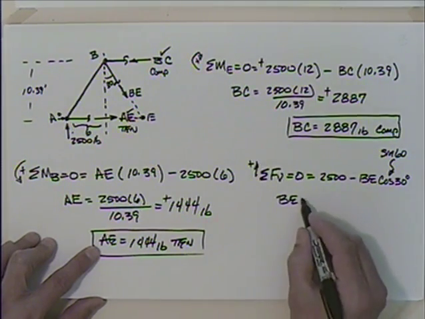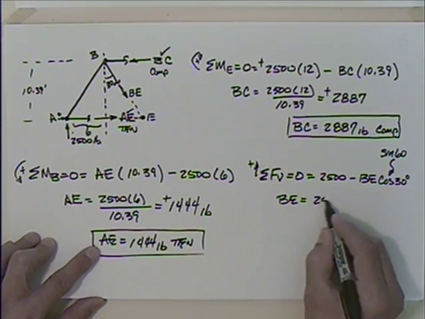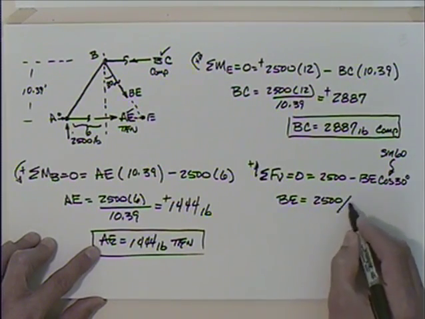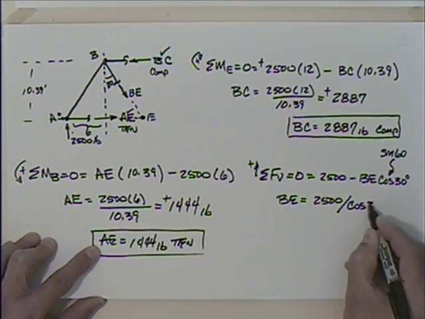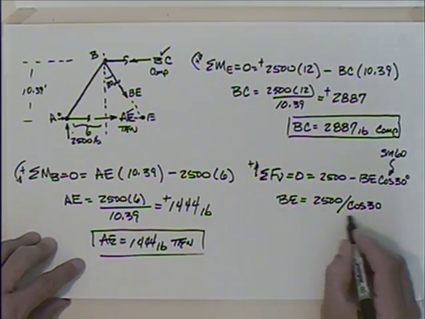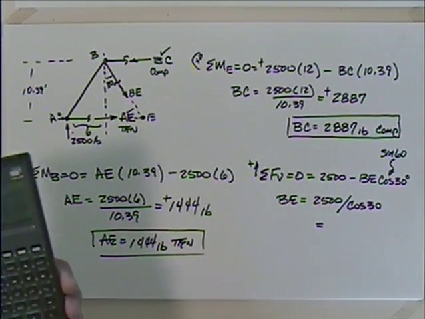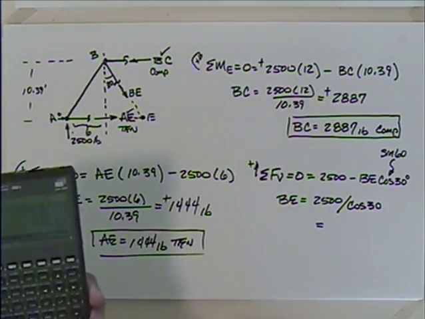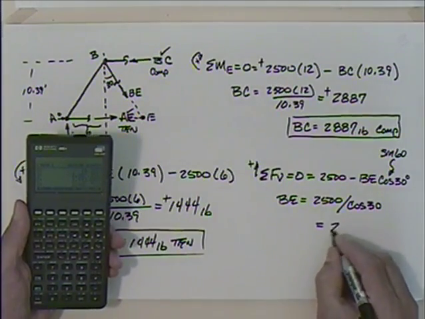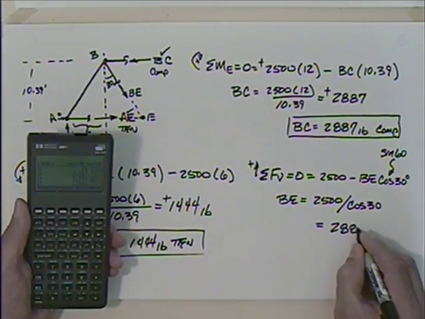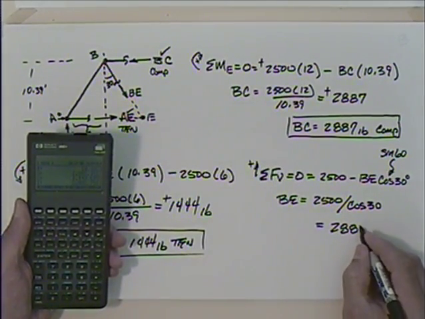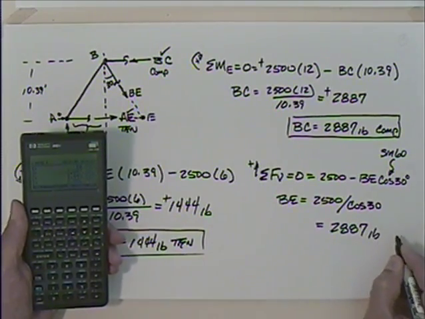Yeah. Okay, so I've got BE is equal to 2,500 divided by the cosine of 30, which gives me 2,886.75, we'll just say 87 pounds.